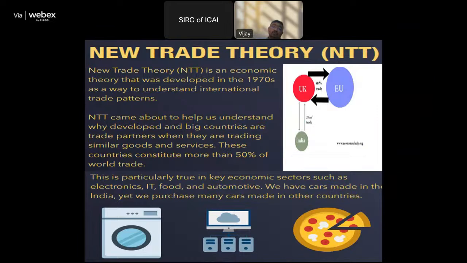So I need to slowly move from monopoly to monopolistic competition, where there needs to be product differentiation. Sir, all the products are similar in nature, but they are not the same.